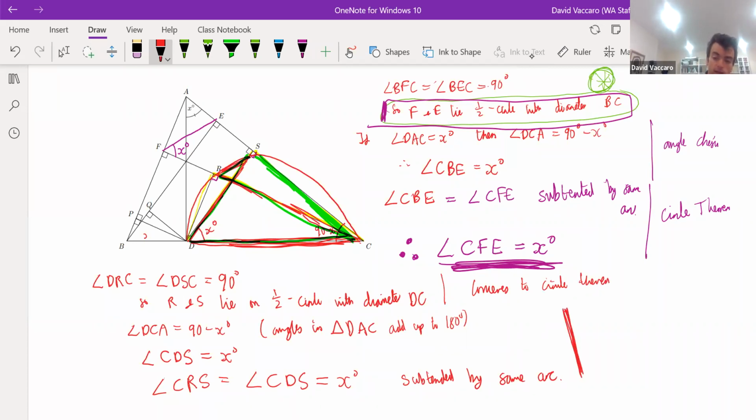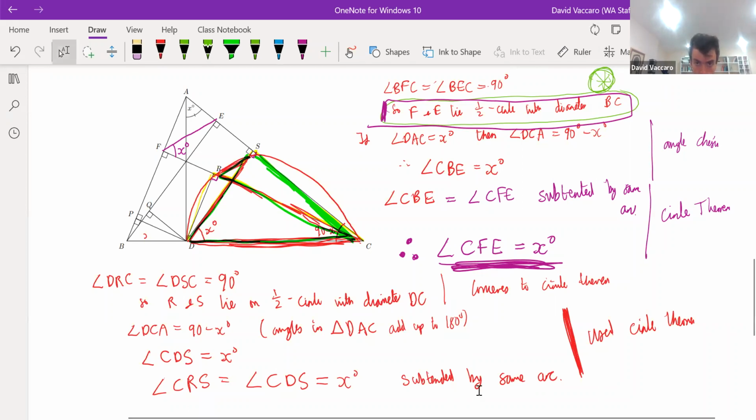And then here we've used circle theorem. If you're happy with this bit done in red, then put a thumbs up in the chat. Yeah, good. There's lots of thumbs up in the chat.